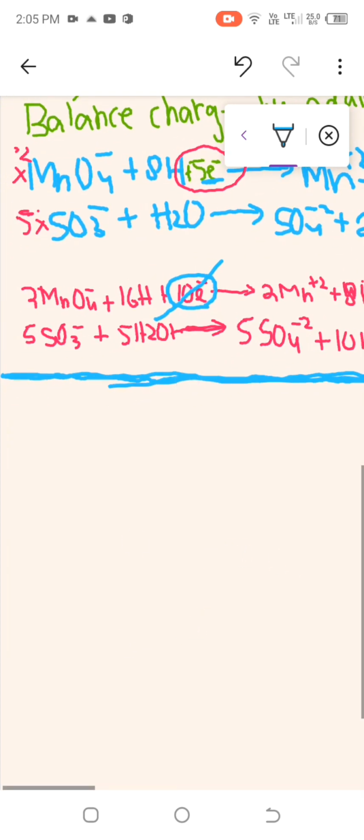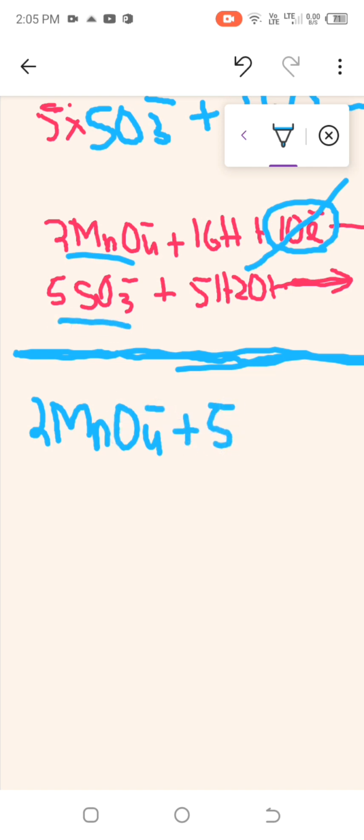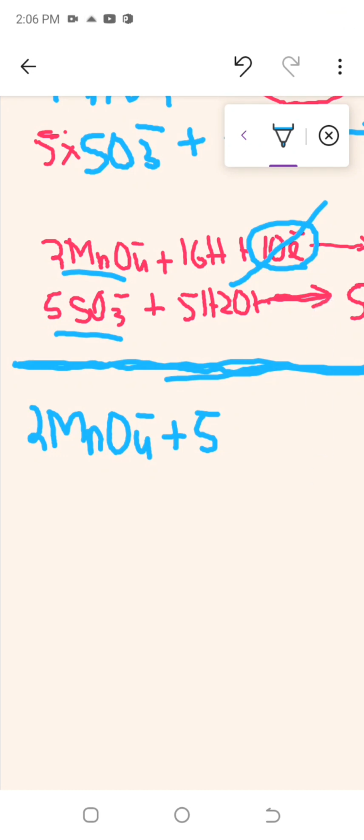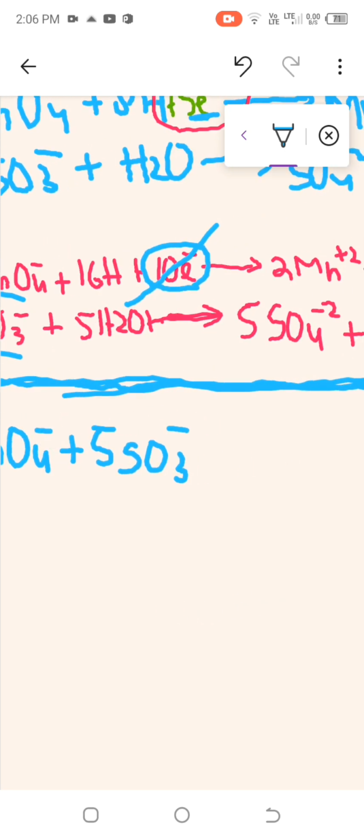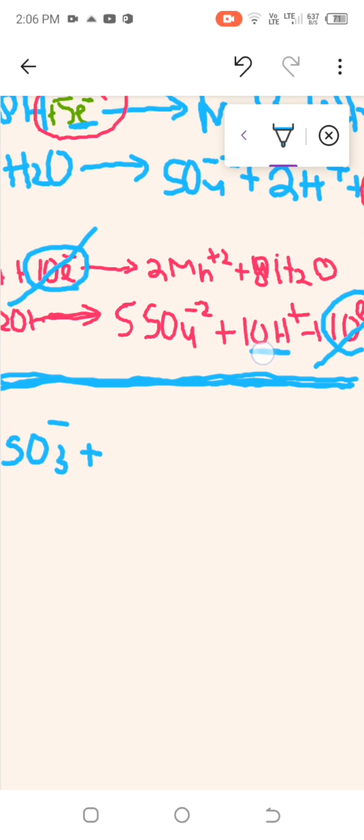When we write here, we will write the same because it is not cancelled. 2MnO4 minus plus 5SO3 2 minus, then we have plus 16 H positive, however here we have 10 H positive, so 16 minus 10 it will be 6 H positive.